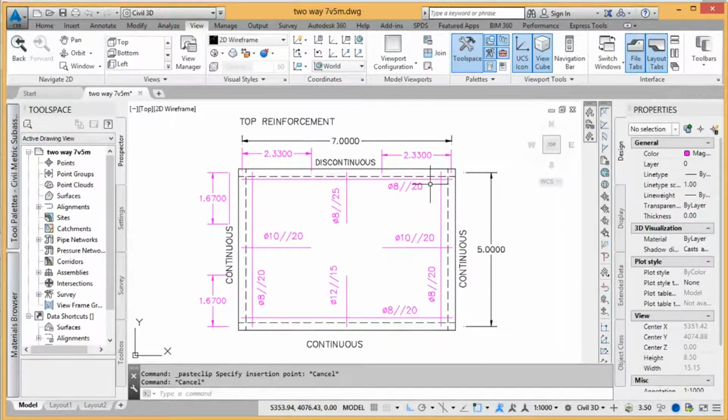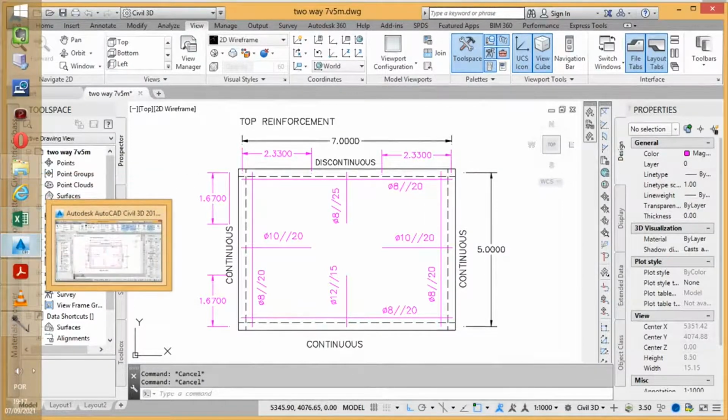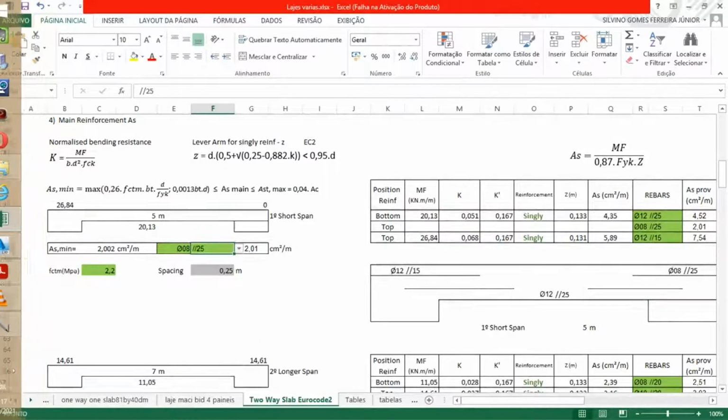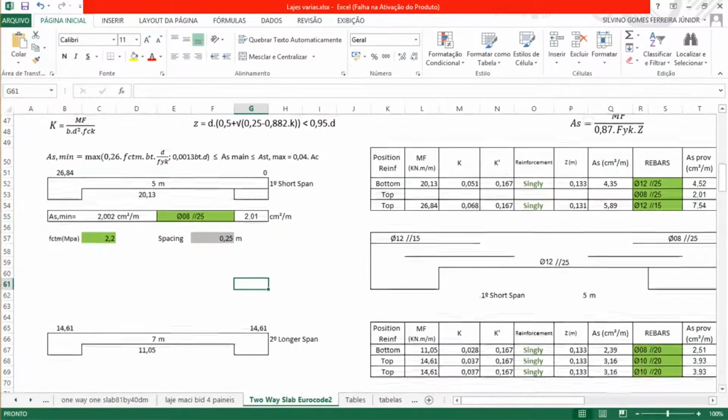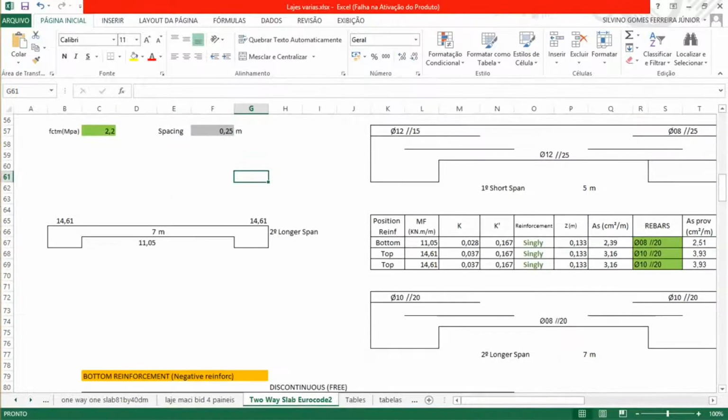So we're gonna put here, on the bottom was diameter of 8 spaced by 20, so I just decided to use this.